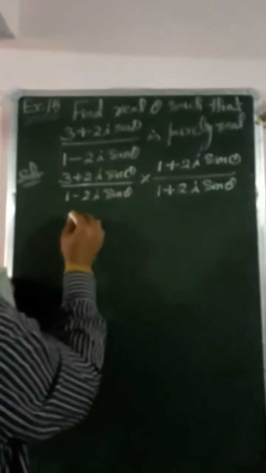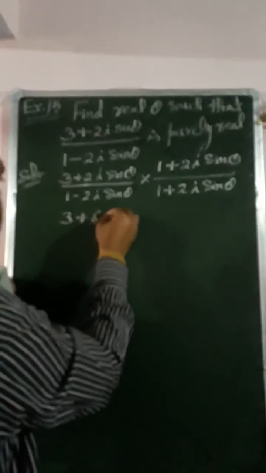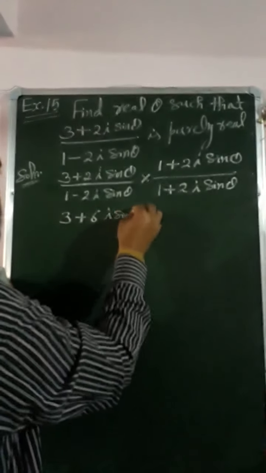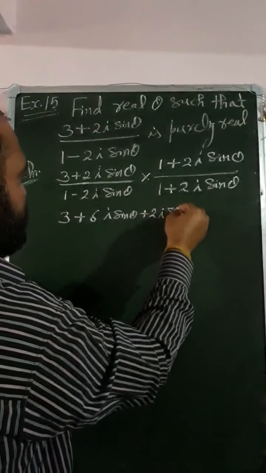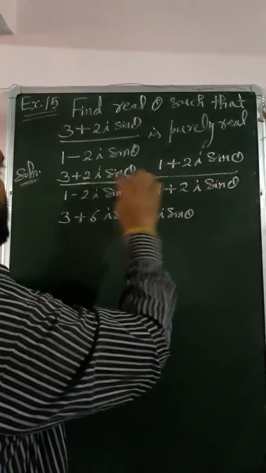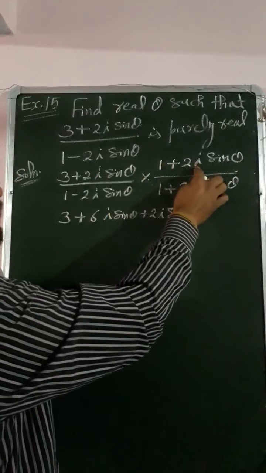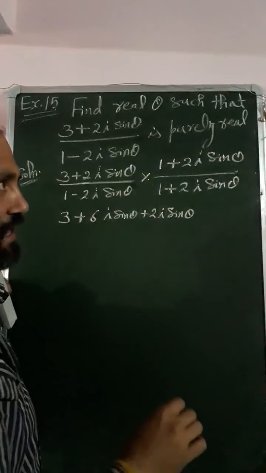So we have 3 into 1, 3, plus 6i sin theta plus 2i sin theta. This into this becomes 2 into 2, 4, i into i, i square, its value is minus 1, and sin theta into sin theta, that is sin square theta.